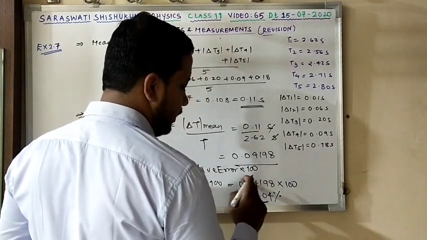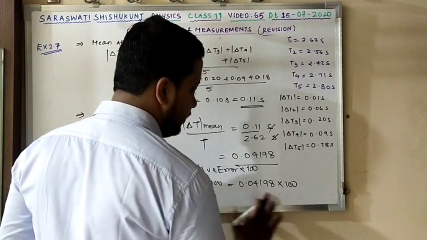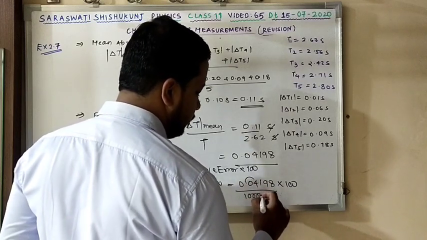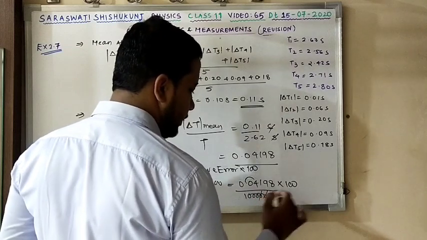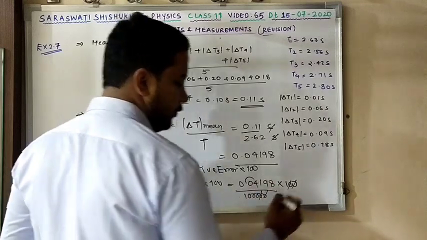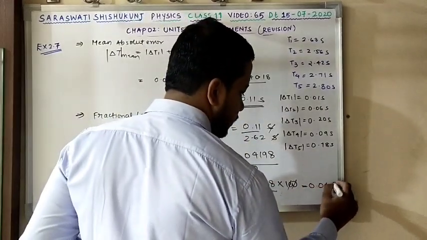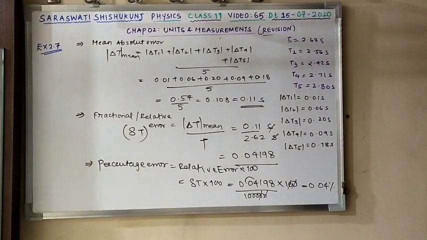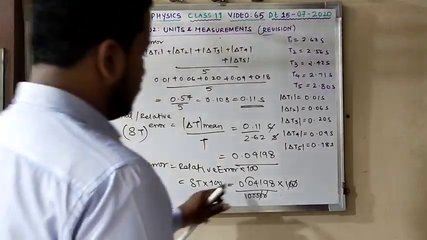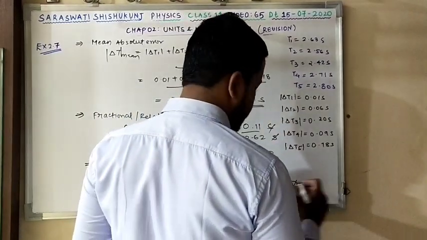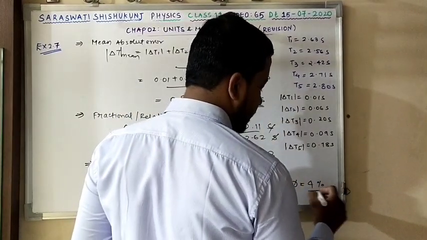Into 100 means you move the decimal two places: 1 2 3 4 5. So 2 zeros are cancelled. So that is how much? 4% only. Yes or no? Is this clear? Very good.